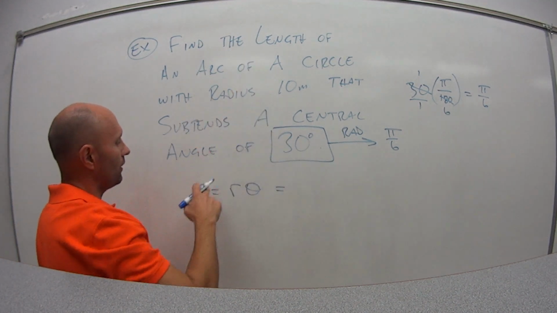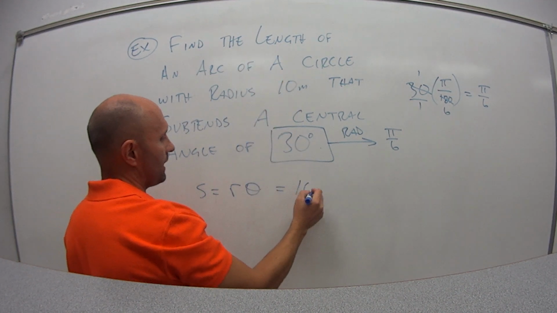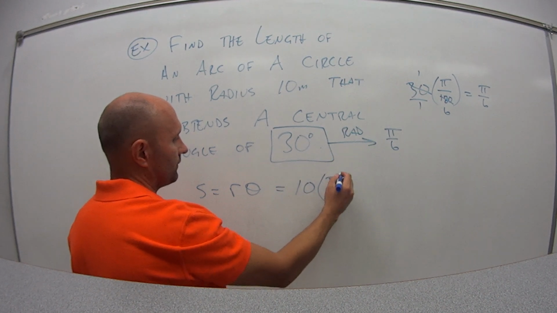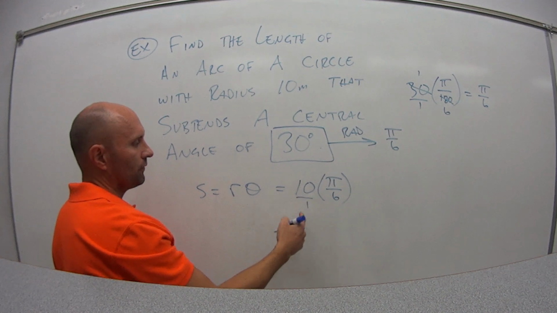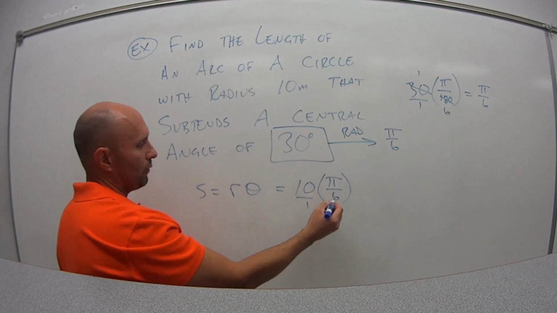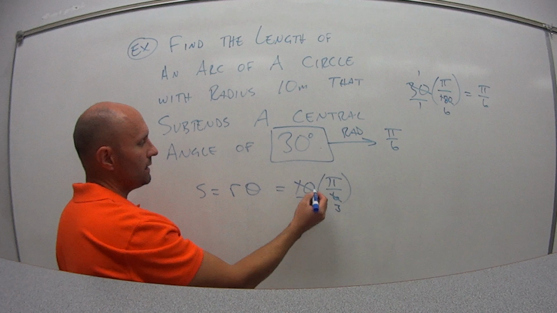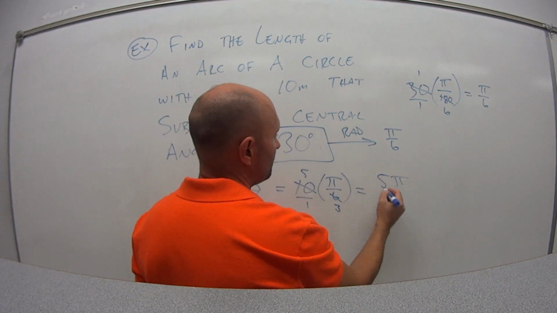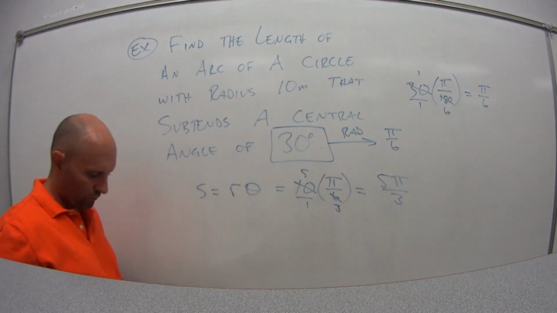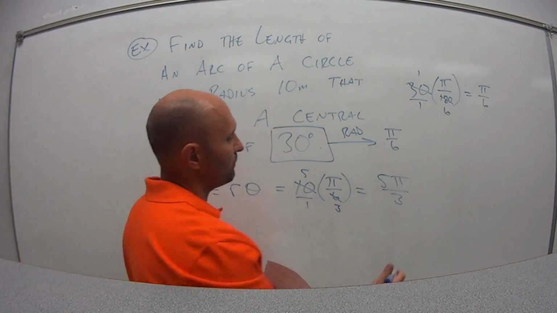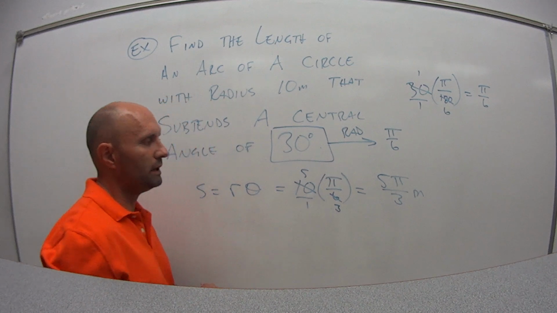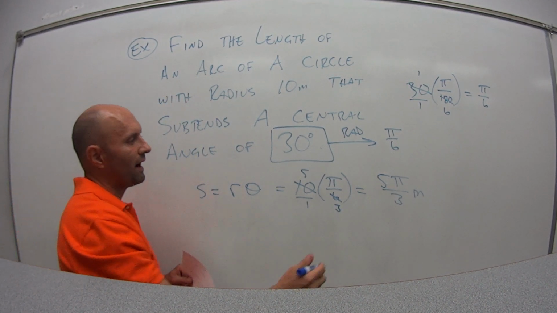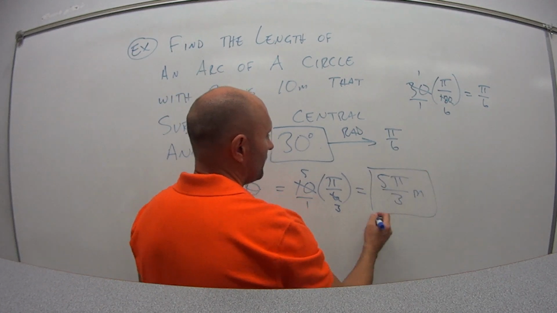The length of the arc is r, which is 10, times theta, which in this case is pi over 6. Again, this is 10 over 1. If we divide both of these by 2, that gives me 3 and 5. So my answer is 5 pi over 3, and in this case meters, because the circle had radius 10 meters. So the answer is 5 pi over 3 meters, not 300.